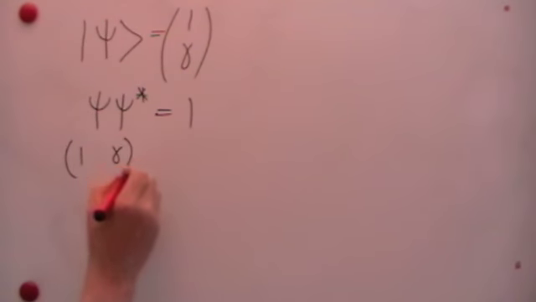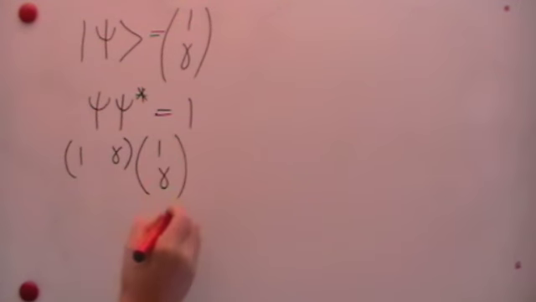So what we're saying is that the eigenvector for sigma n is 1 gamma, and we've just worked out what gamma is. And we're also saying that psi times psi star must equal 1, which means that 1 gamma times 1 gamma must equal 1.